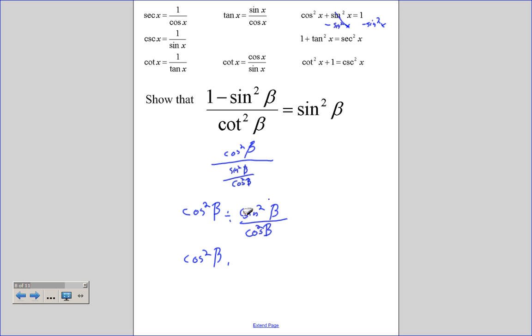I see where I made a mistake. Hopefully you have been screaming at the television or your monitor the whole time. Cotangent is cosine over sine. Good thing I caught that before we got too far.